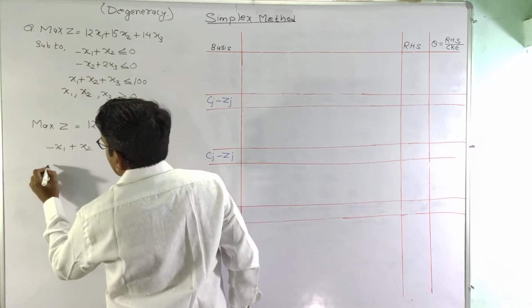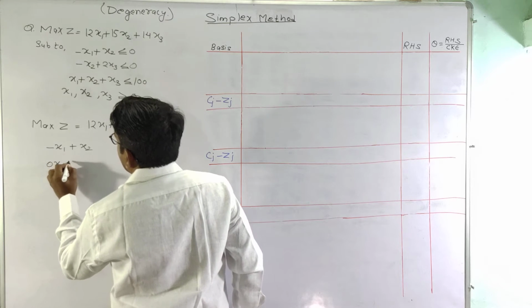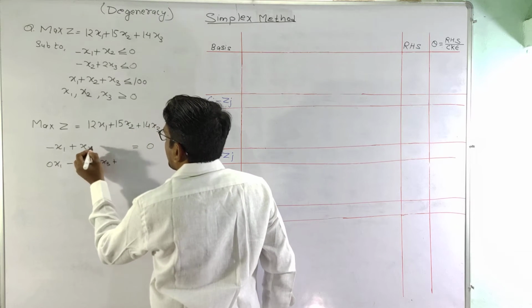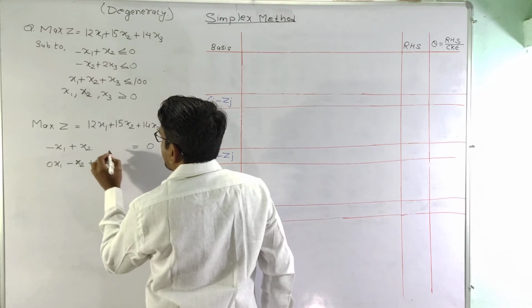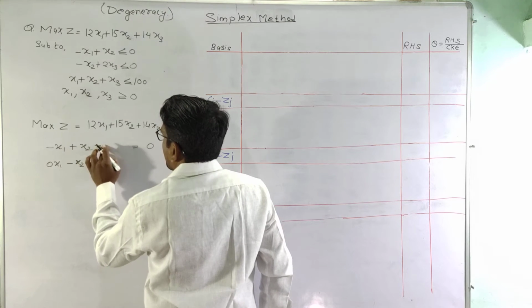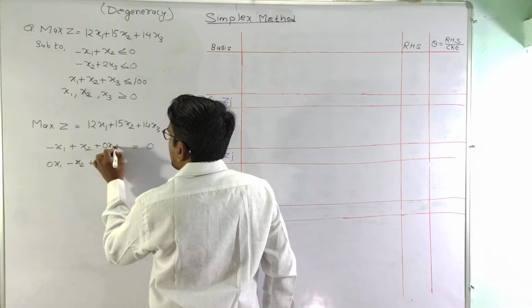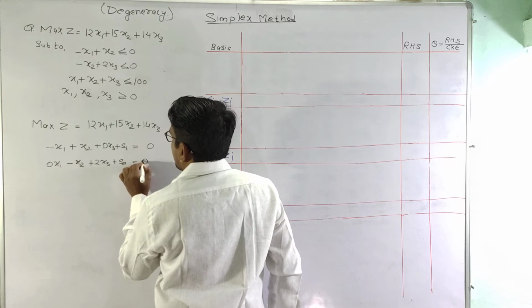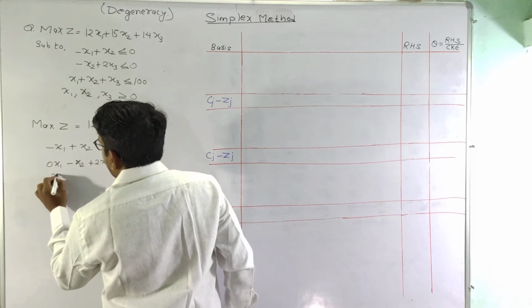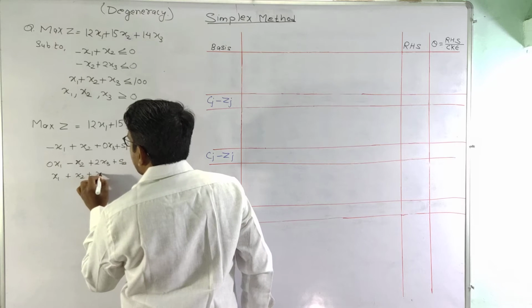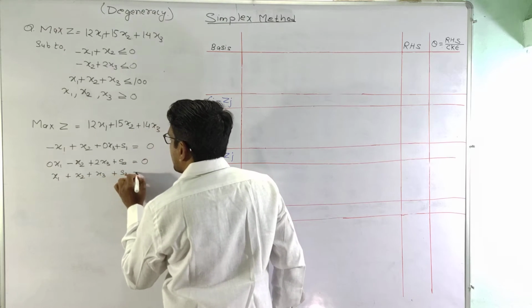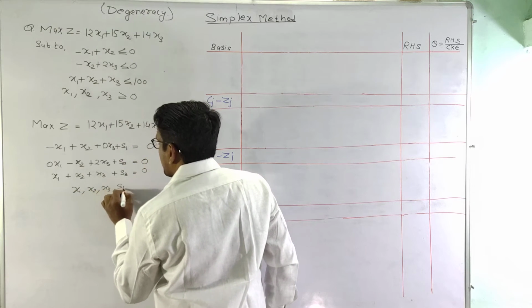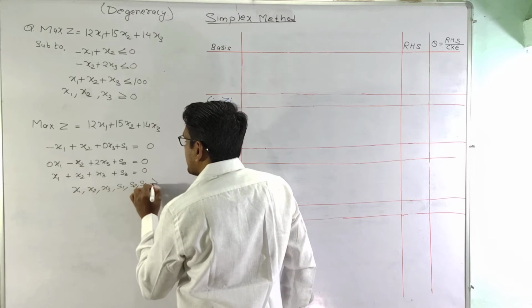Similarly, 0x1 minus x2 plus 2x3 plus s2 equals 0, and x1 plus x2 plus x3 plus s3 equals 100, and x1, x2, x3, s1, s2, s3 greater than or equal to 0.